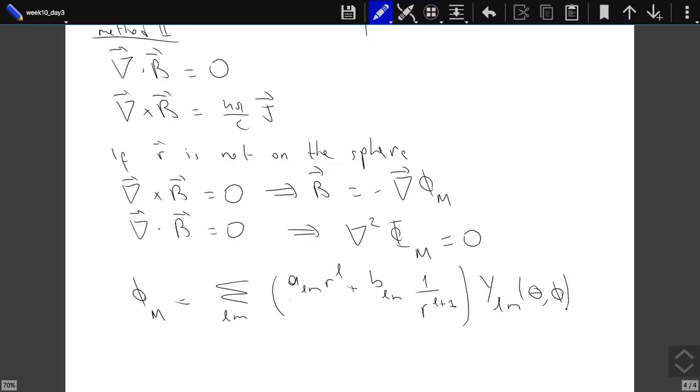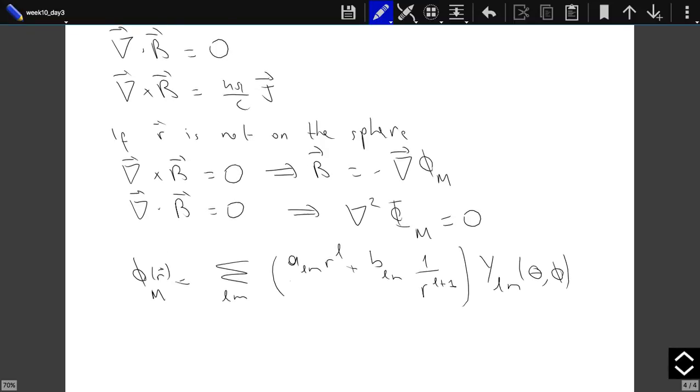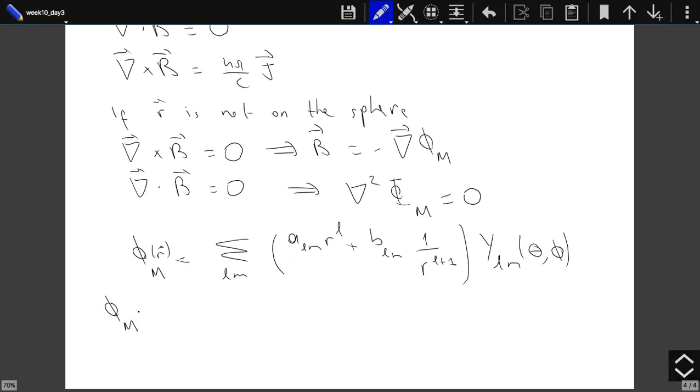But you see, we have this rotational symmetry. Nothing changes if we rotate around z. So the solution should be independent of the phi coordinate.